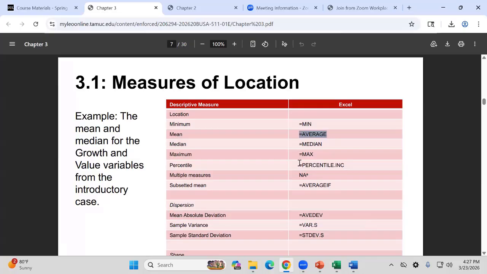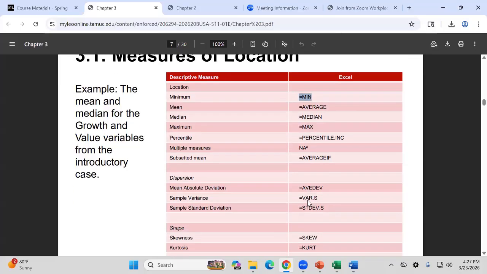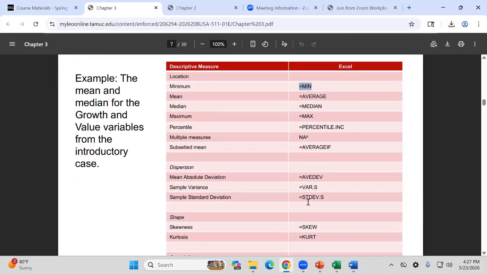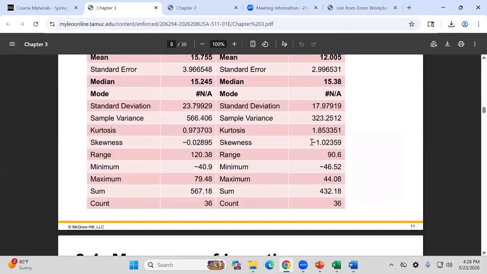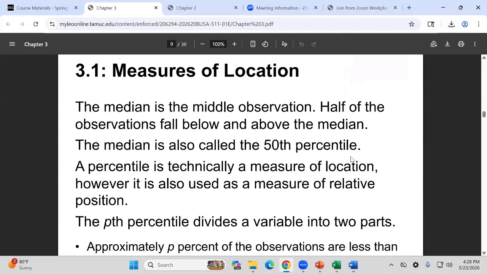If you want to find the largest value of a data set, you use max. Smallest, you use min, and so on, right? I want you to try them at home. Very easy to understand, right? This shows you some examples.